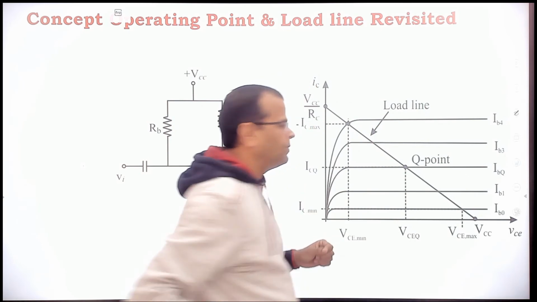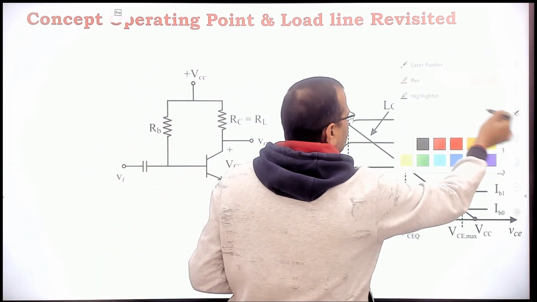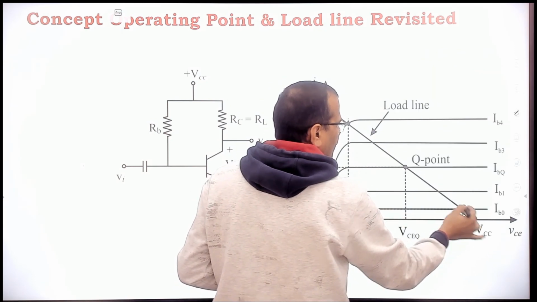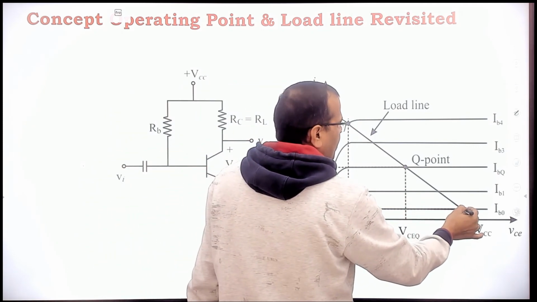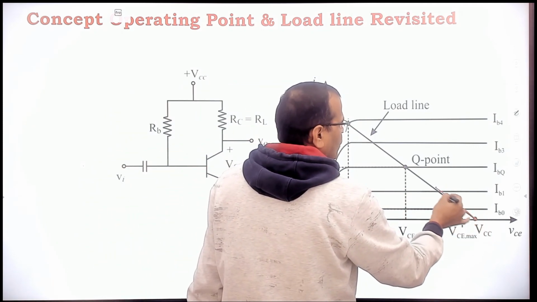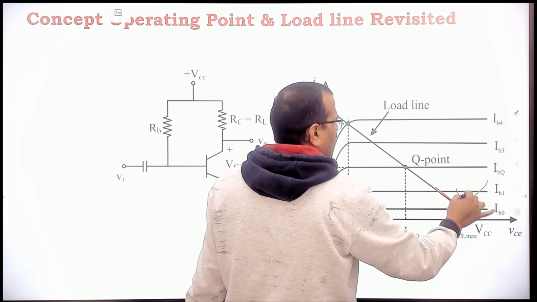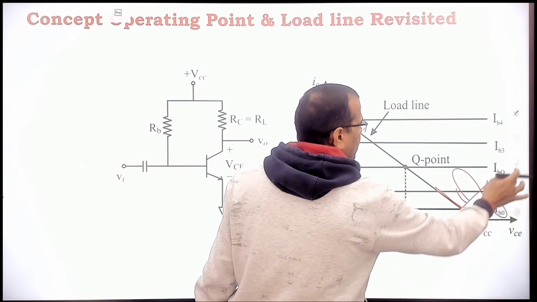Suppose now the operating point is located here instead of here. So my base current may be varying from 0 to this, and although it will be sinusoidal, it varies about this value IBQ.